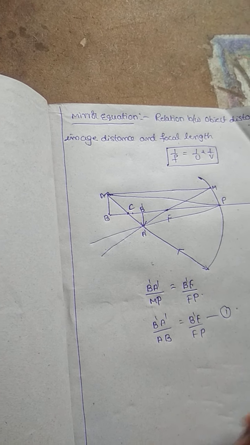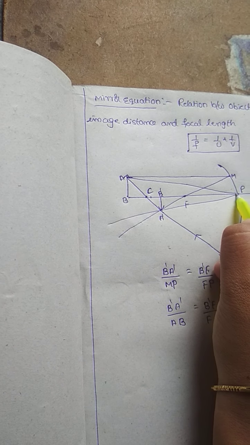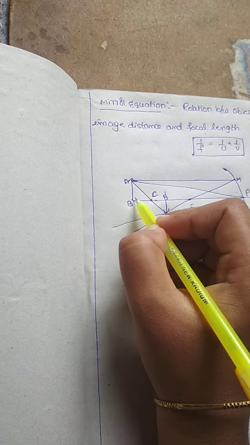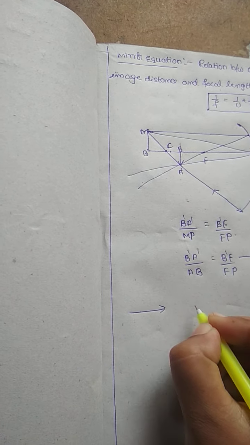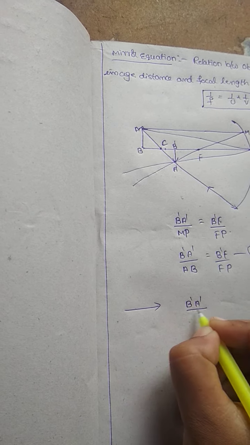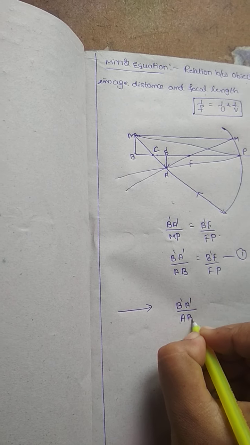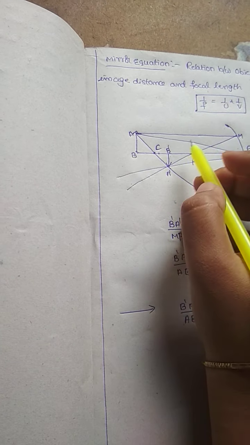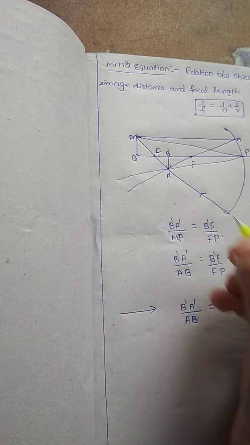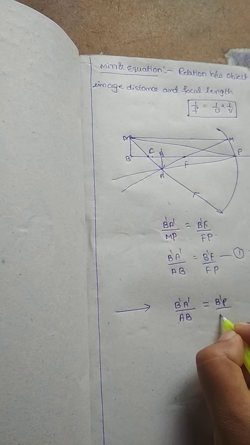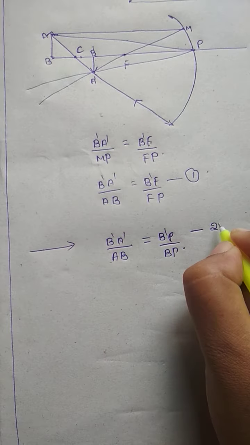Say equation 1. Next, I am considering again two triangles. A dash B dash P is one of the triangles and A B P is the other triangle. So B dash A dash by AB is equal to another side, B dash P by BP. Equation 2.